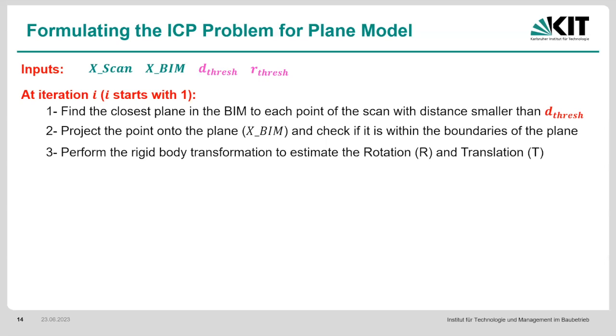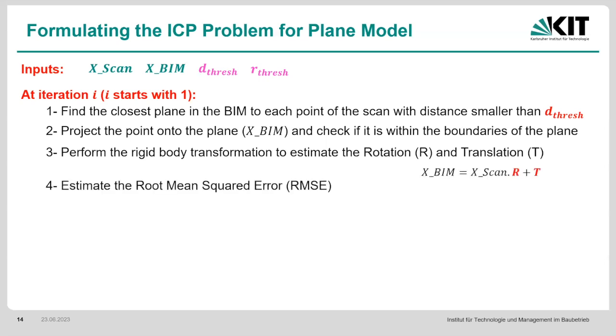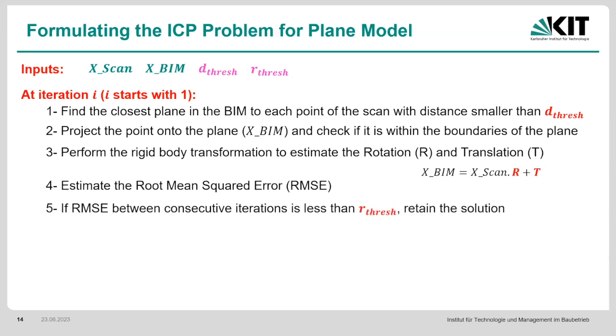Here, you do the rigid body transformation. From that, you get the root mean squared error. If the difference between consecutive iterations is less than a threshold, you stop. If not, you go to the next one and perform the exact same. So the X of BIM is not something that is going to be the same. It's going to change every time.